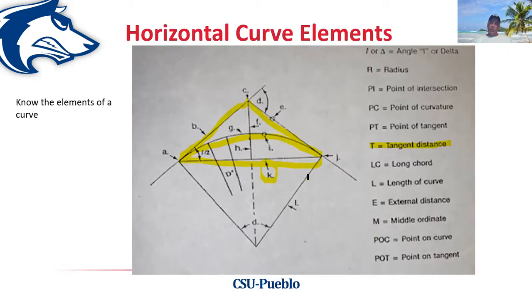This is just denoting one of them. The next one here is a point POT, which is a point on tangent, and that can happen anywhere along one of these tangents. This point E right here is a point along the tangent, or a POT.